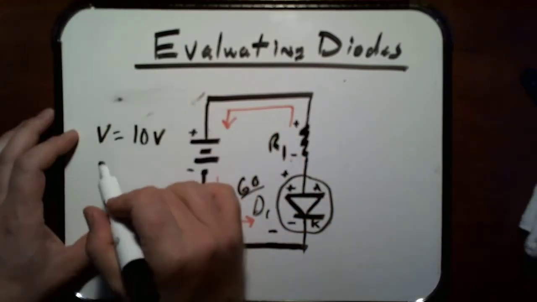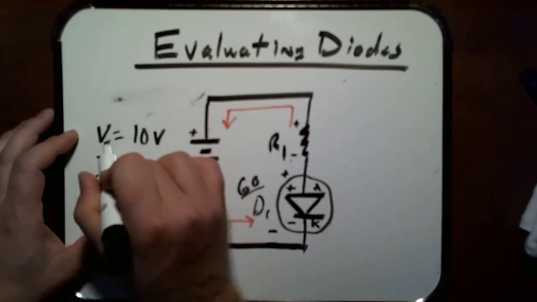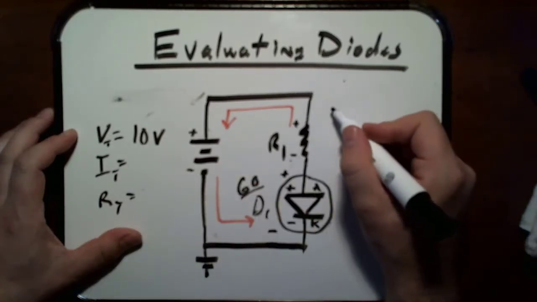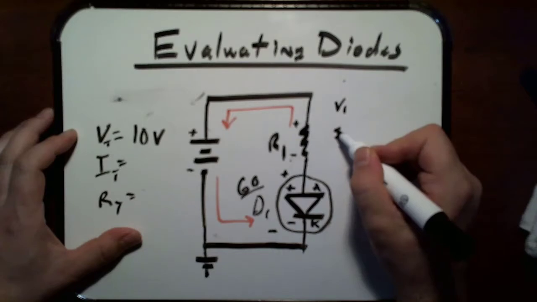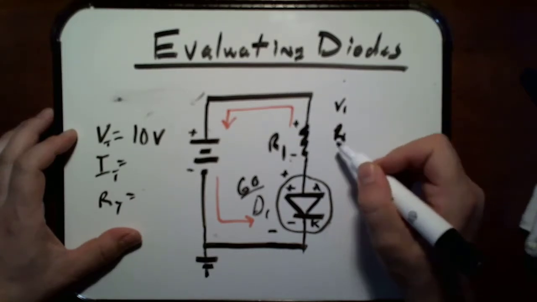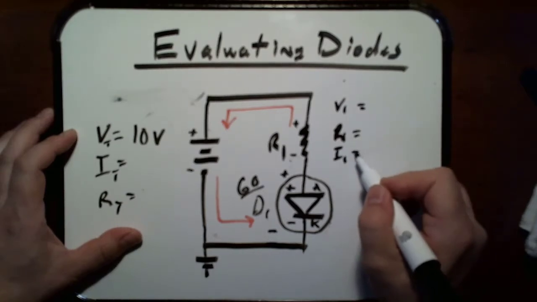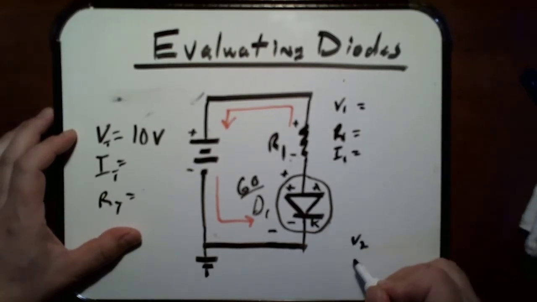It'll be doctor points. VT, IT, RT, V1, I1, R1, V2, I2, R2.